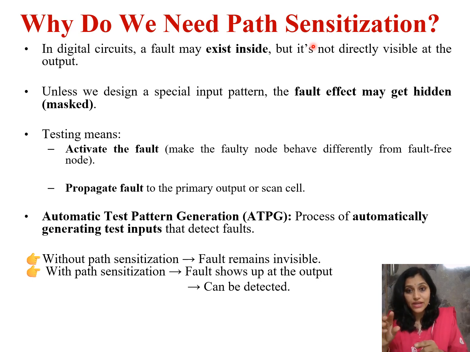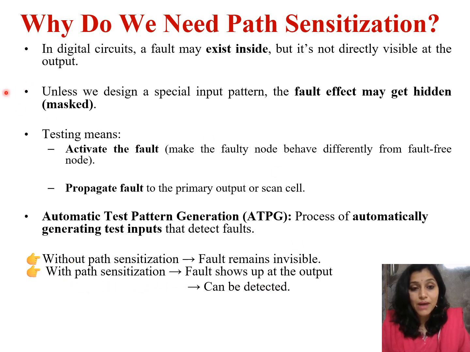I must track the path which will at the end set the inputs of the AND gate to 1. For that, first is activation of fault and then propagation of fault. Without path sensitization, the fault remains invisible, and with path sensitization, the fault shows up at the output.